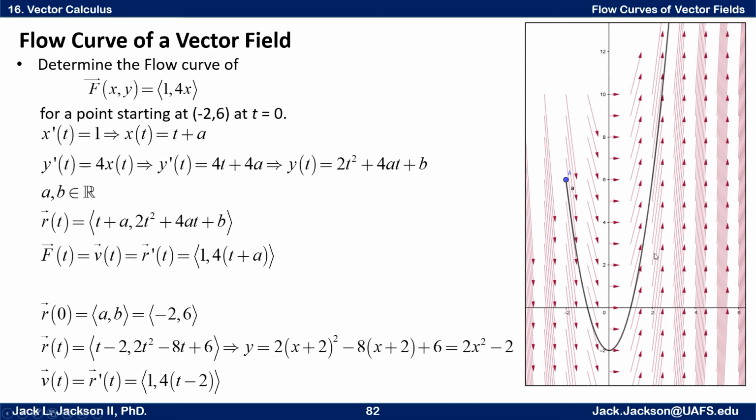So we can start at any particular point we want. Now we decided to start at the point negative 2, 6. So a, b was negative 2, 6. With those specific values for a and b, we plug in here, and we get r of t.